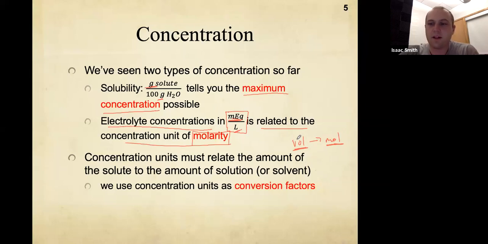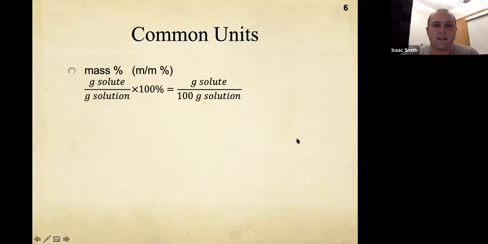And we're going to learn a couple other units of concentration in this lecture. Here's one of those units that you'll need to know, and you'll see this. This is the mass percent, and it's pretty simple. It's very similar to the solubility. It's the same units as the solubility concentration we talked about.